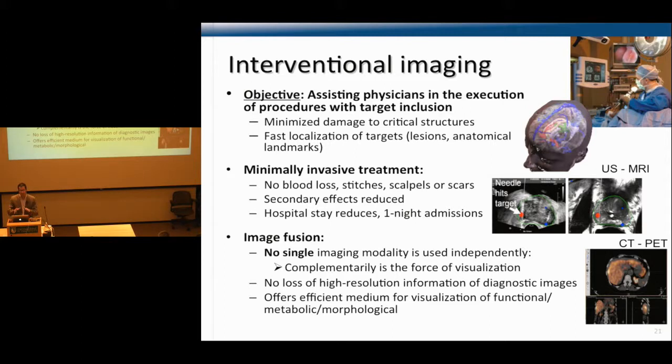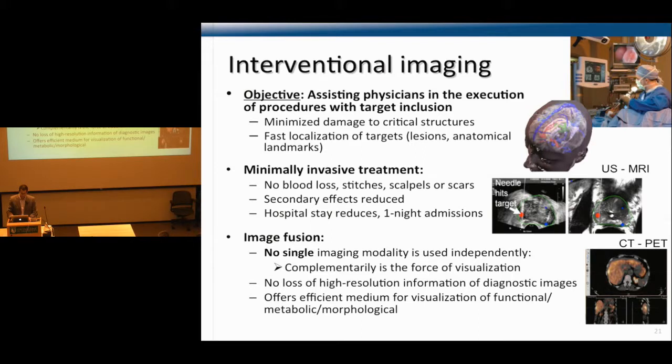It's the complement between metabolic, functional, and anatomical imaging that gives a complete picture during the intervention. We're trying not to lose the high-resolution information from the diagnostic images and to have it available for the surgeon during the procedure. So it offers quite an efficient medium to visualize all the different functions and morphological information during a procedure.